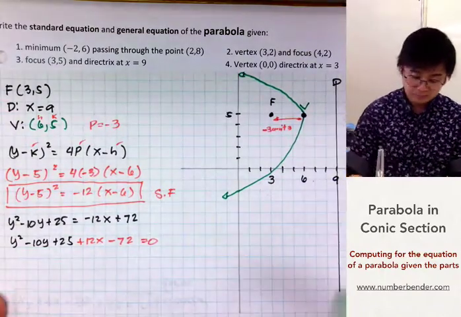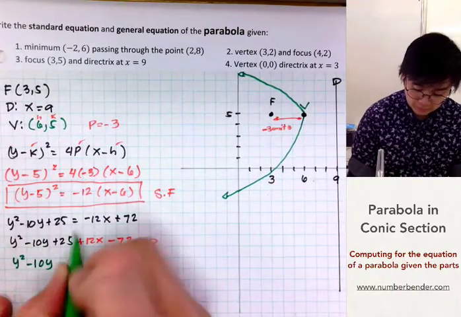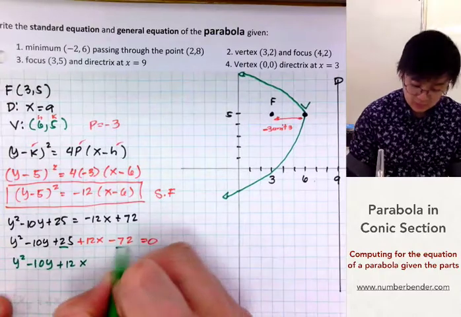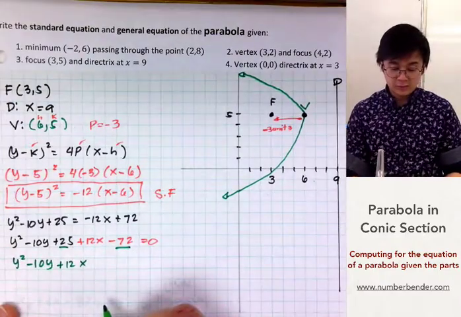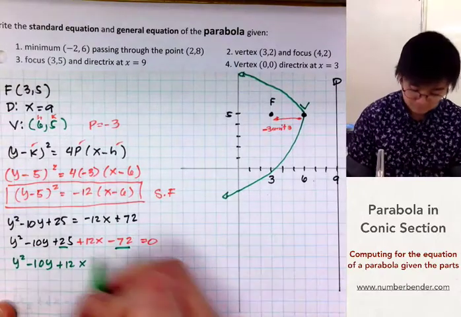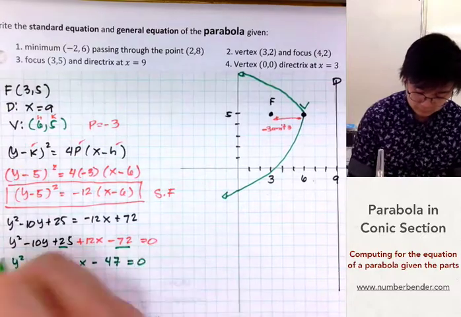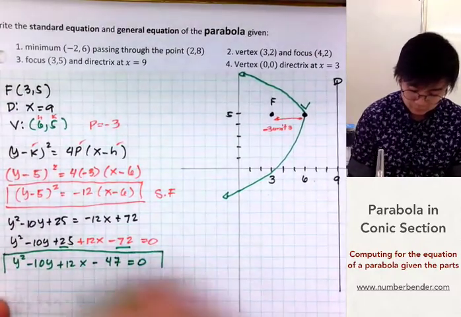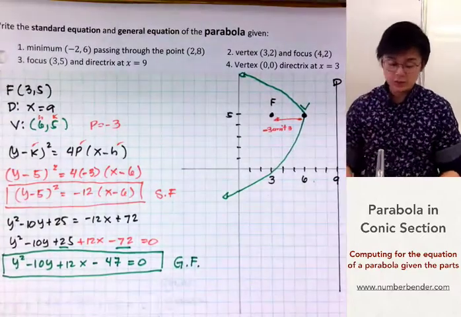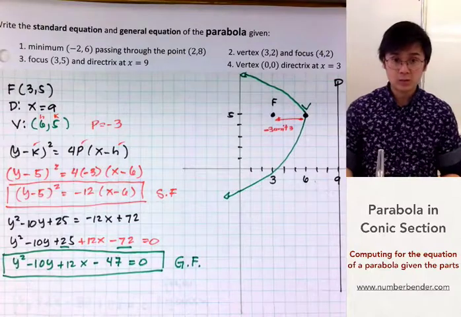And by algebra, y squared minus 10y plus 12x, negative 72 plus 25 is negative 47. And this is our general form of our parabola.